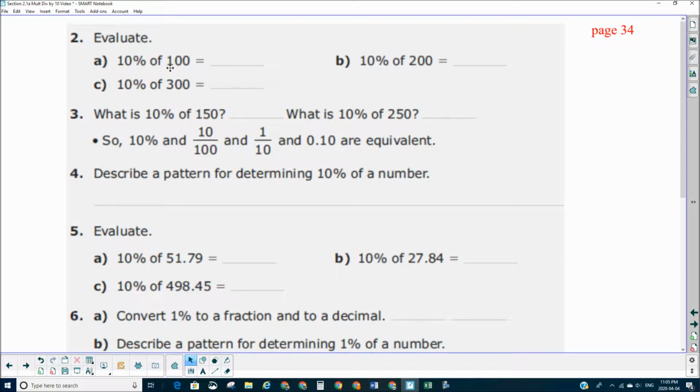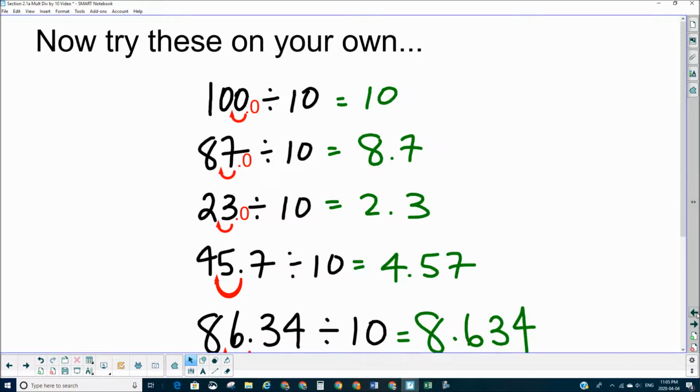10% then of 100 is the same as dividing by 10, so you're going to move 1 decimal place to the left. It's just like the question we had just done back here. 100 divided by 10 is just moving 1 decimal place to the left to get 10. So 10% of 100 must be 10.